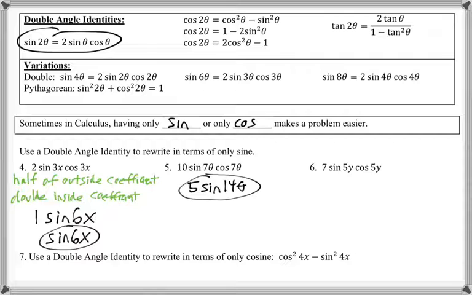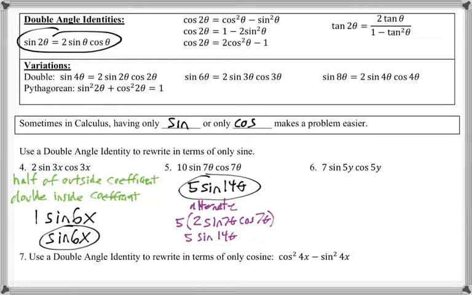An alternate way to do number 5 would be, if you call it 5 times 2 sine of 7 theta cosine of 7 theta, then you can just use the identity on the inside to give you sine of 14 theta and then bring the 5 down.